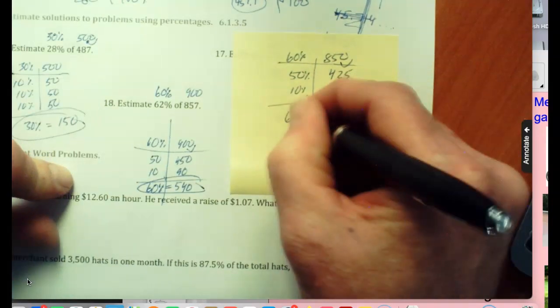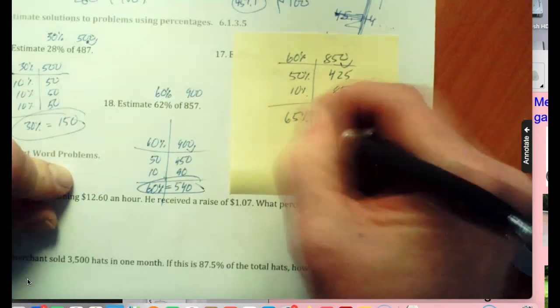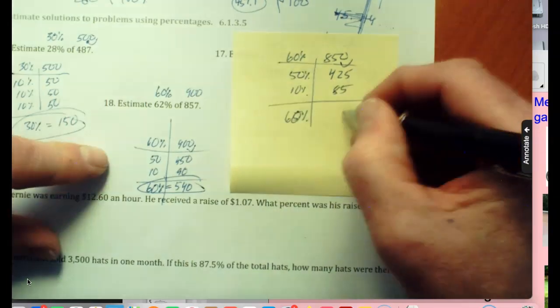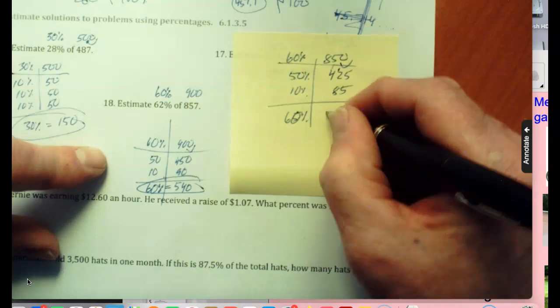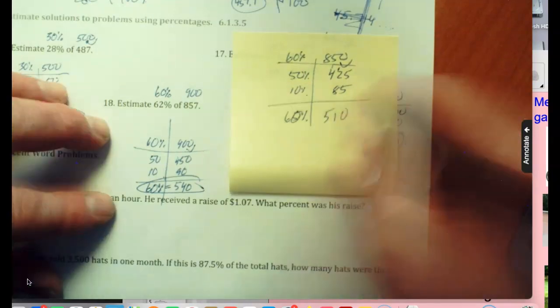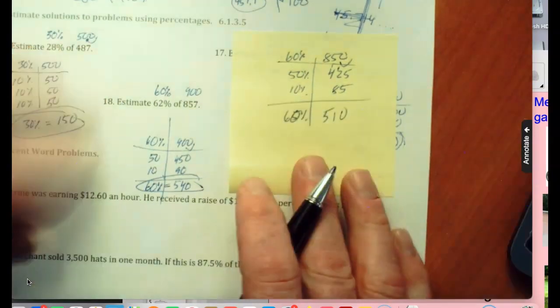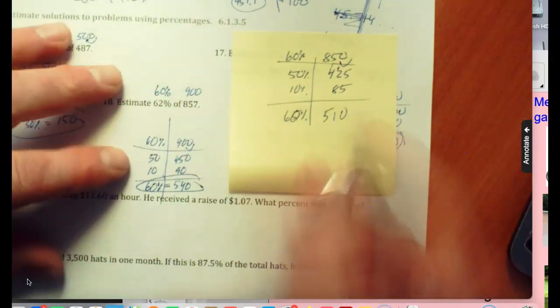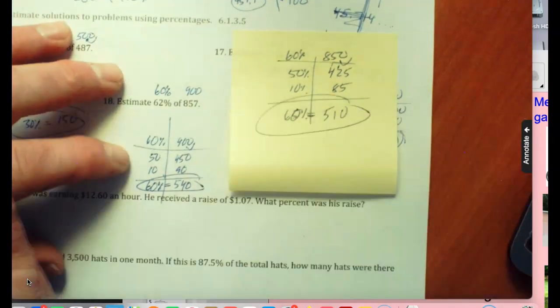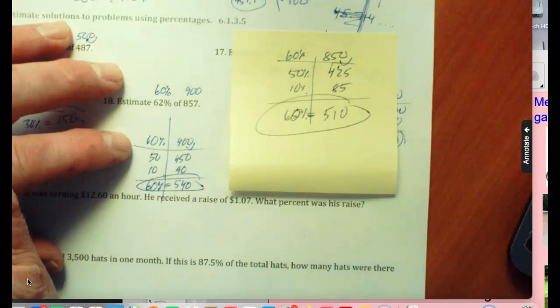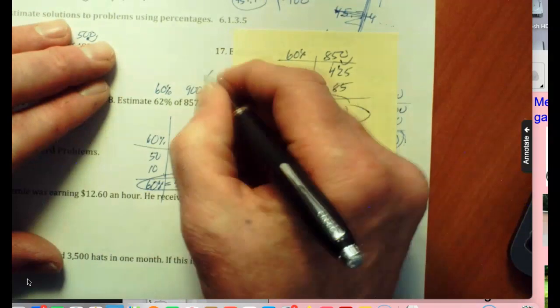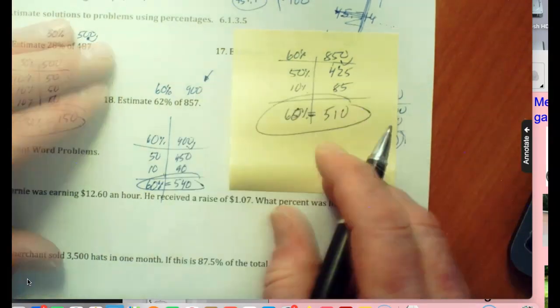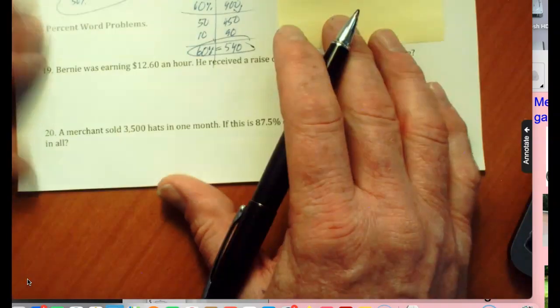Add them together, that's about 510. So 60% of 850, there's my estimate, is 510. They're both really close in terms of estimates. You have to think about the situation, of course, but I tend to work with the easier number, 900.